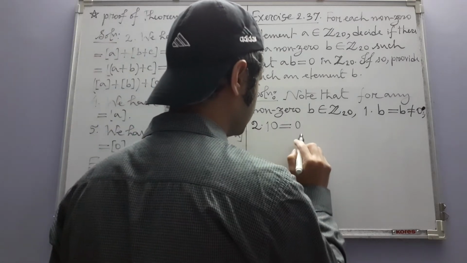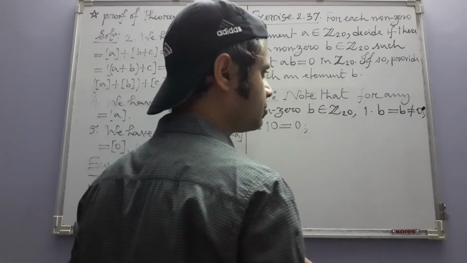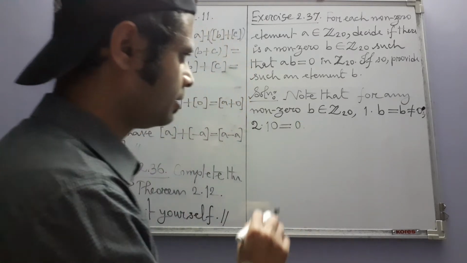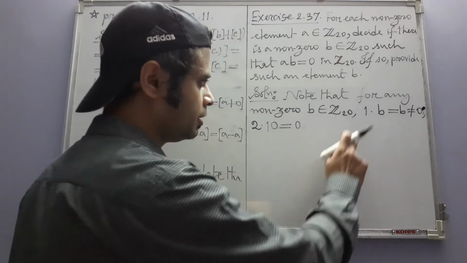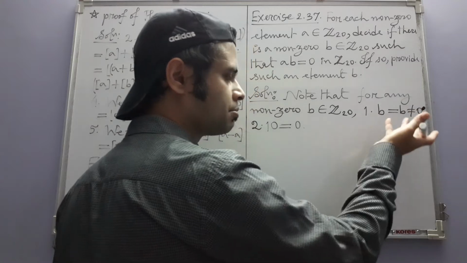I will just simply write this and move on. Now we come to 3. So for 3 there is again just like 1 no such b, but we have to show why there is no such b. Here that thing showing that there is no b has been quite easy.